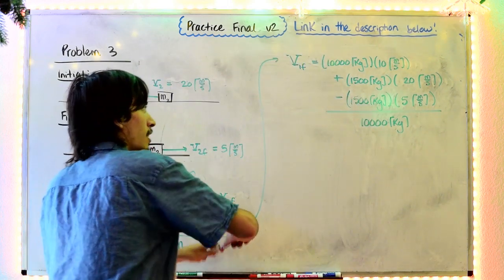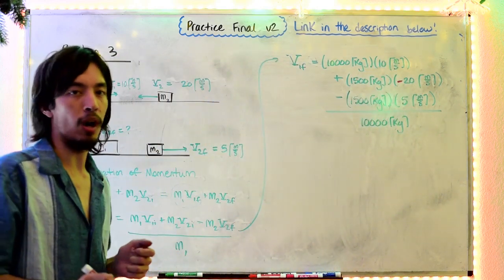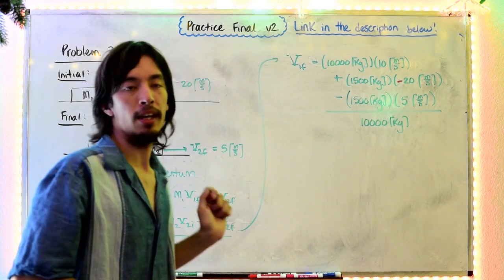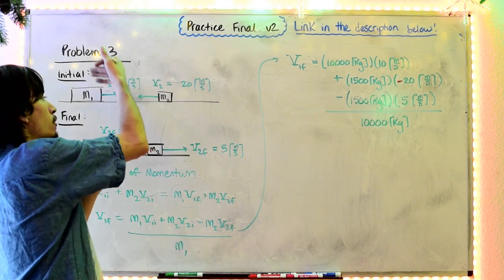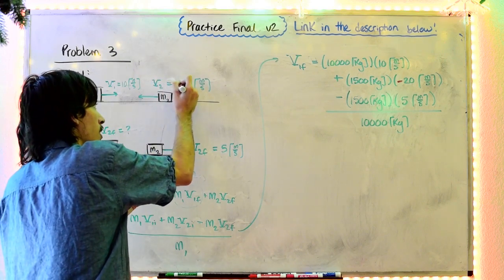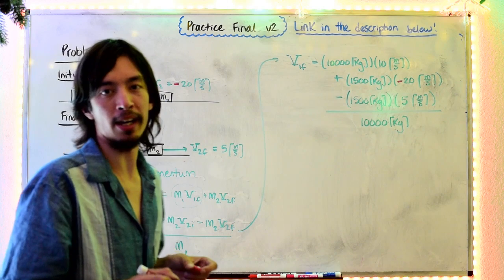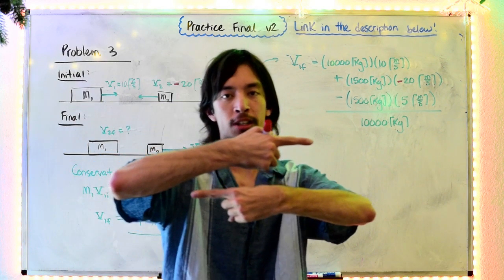There's a minus sign on the 20. And the reason why is because these are not speeds, they're velocities. So how do you account for this moving to the right and that moving to the left? Well, left in this case is minus. One of them has to be a negative velocity relative to the other one because they're heading in opposite directions.